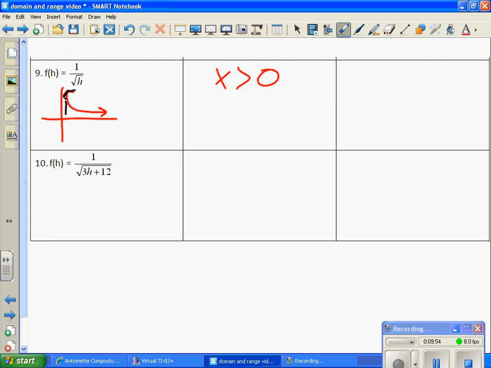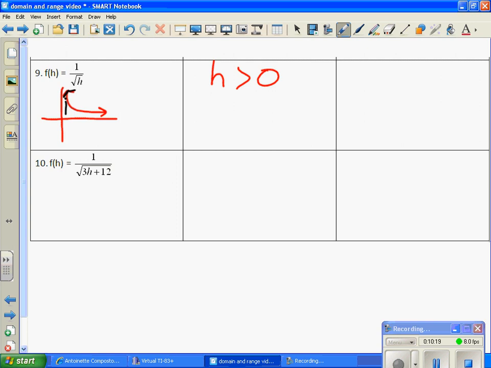Now let's think about this. Let's change that to an h. Let's think about this algebraically. We're underneath the radical. So just like we had in the previous example, it cannot be negative. It also is now in the bottom of a fraction like we had in our example before that. When you're in the bottom of a fraction, you cannot have 0.